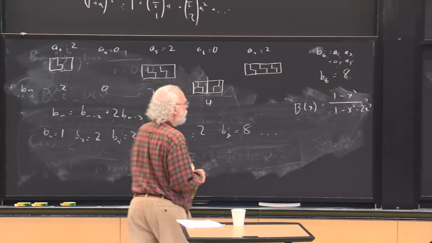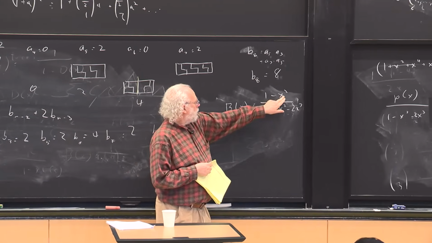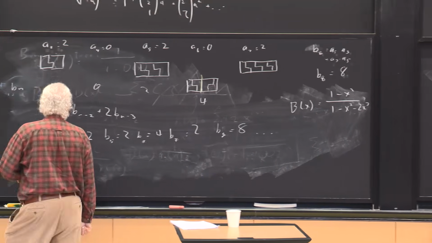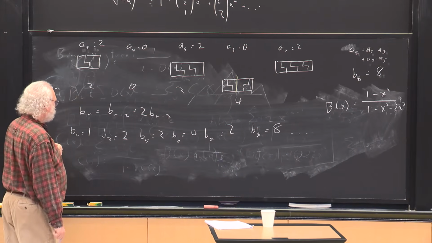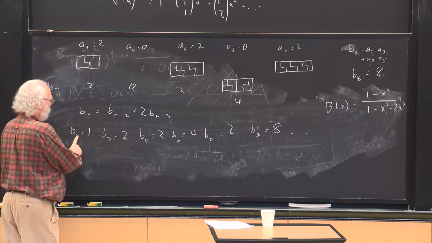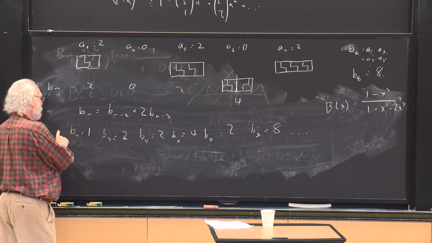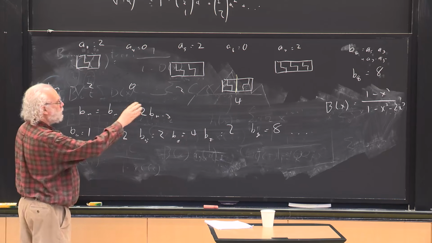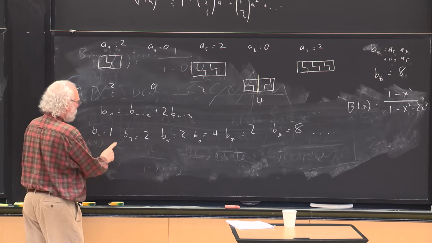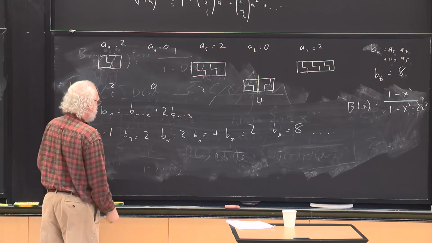That's because this term was minus 1, which says that b2 equals b0 minus 1 when you work it all out. But after the second term, that recurrence works great.